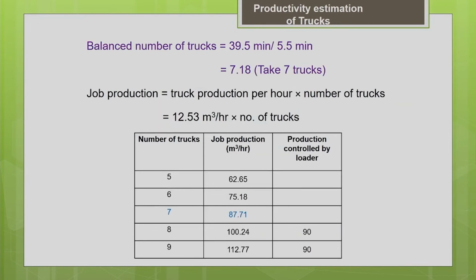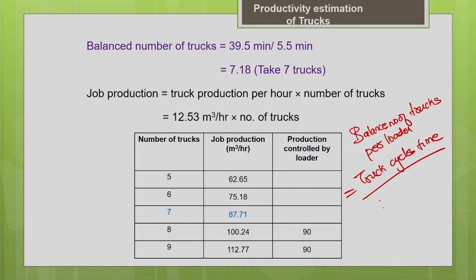Now let us find the balance number of trucks needed for one loader. The balance number of trucks per loader going to be served by one loader is equal to your truck cycle time divided by loader cycle time.